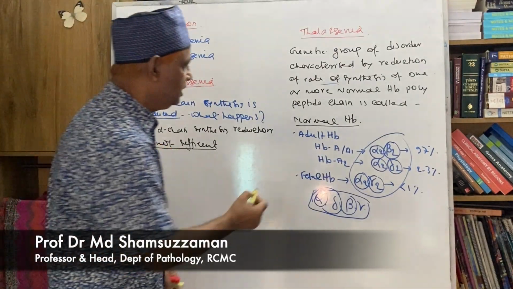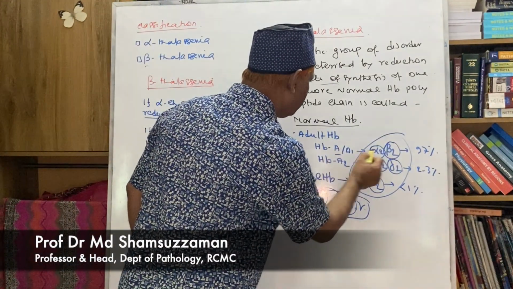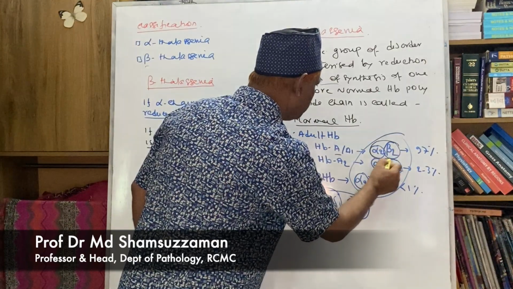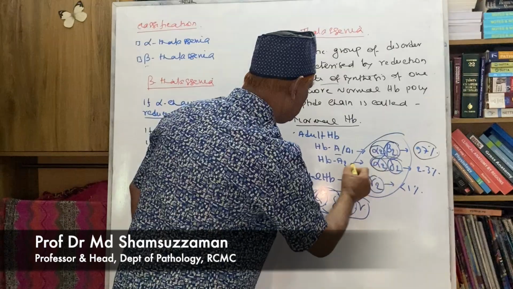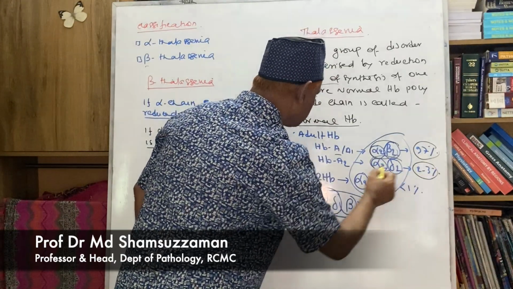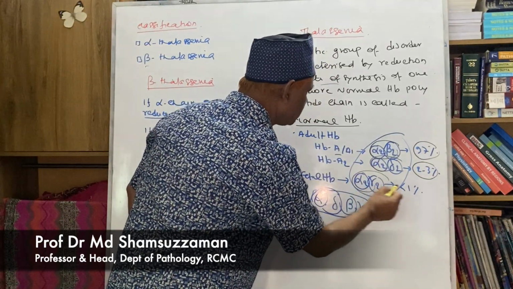What will happen? There will be reduction of A1, alpha reduced, 97% is reduced. Alpha reduced, so A2 is reduced, 2 to 3% is also reduced. Alpha reduced, so less than 1% is also reduced.